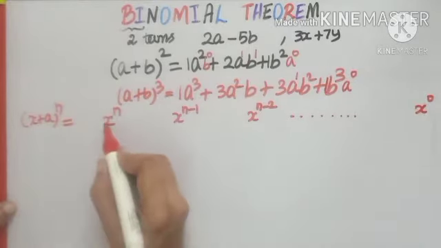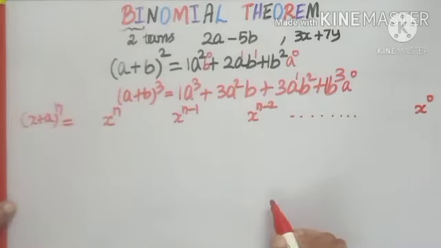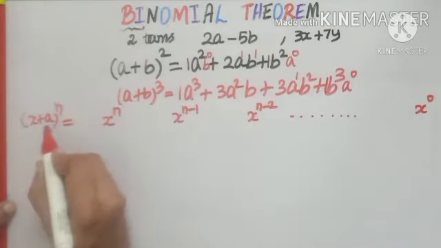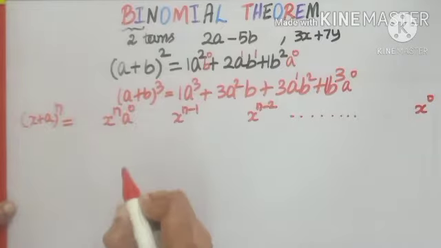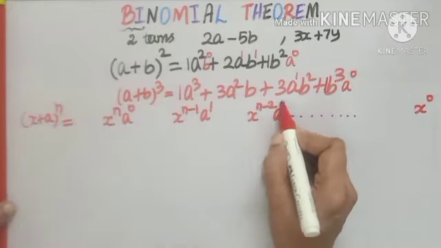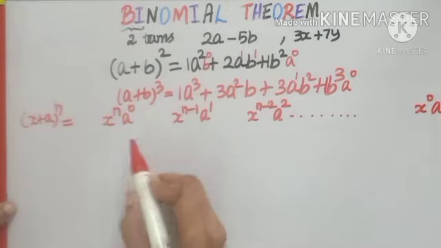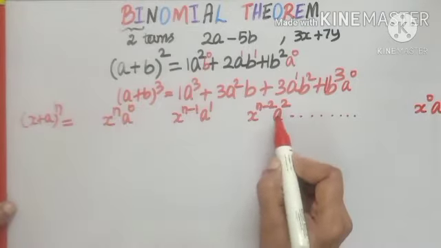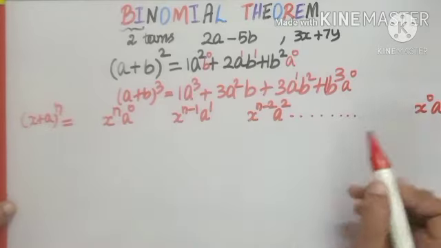So starting from x power n decreases, goes to x power 0. What is the second term? It is a. So first I will get a power 0, then a power 1, then a power 2, finally a power n. So second term keeps on increasing, first term keeps on decreasing.